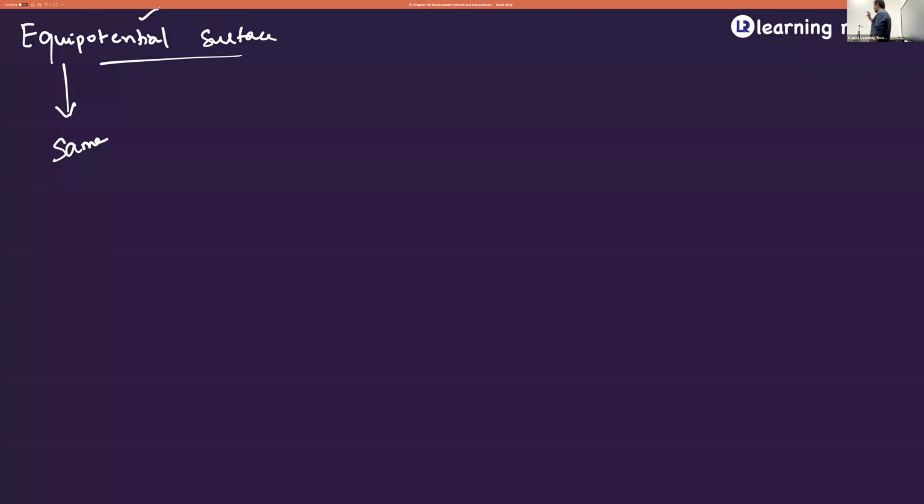So if you take a two-dimensional shape, right, on which you are able to see that the potential at every point is the same. Right. So I'm sorry, a small correction. Surface can be either two-dimensional or three-dimensional. Right. So if you take a particular surface, on that surface, every point will have the same potential.